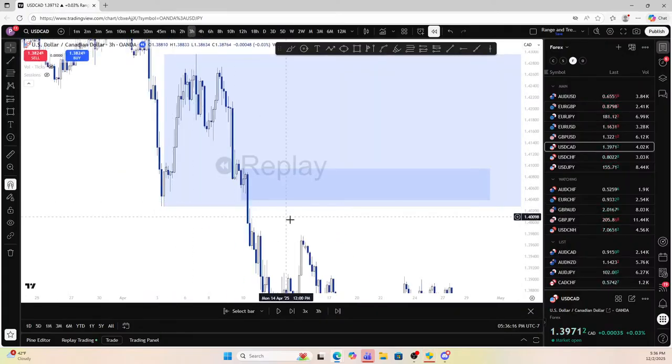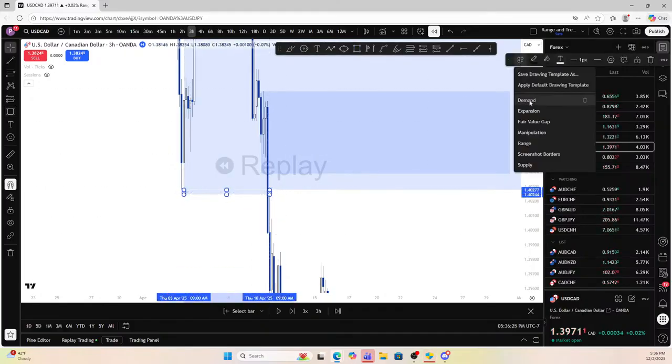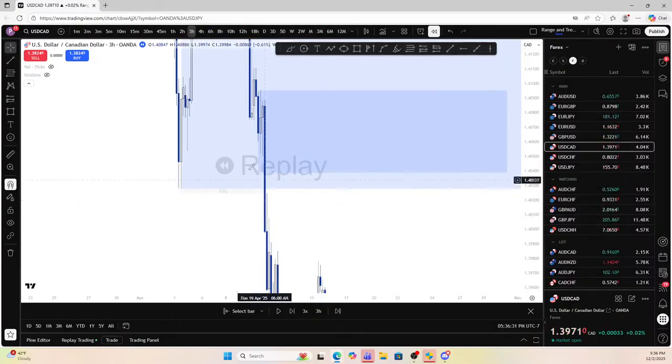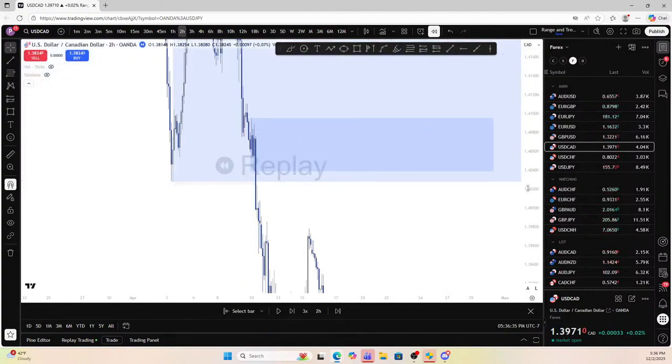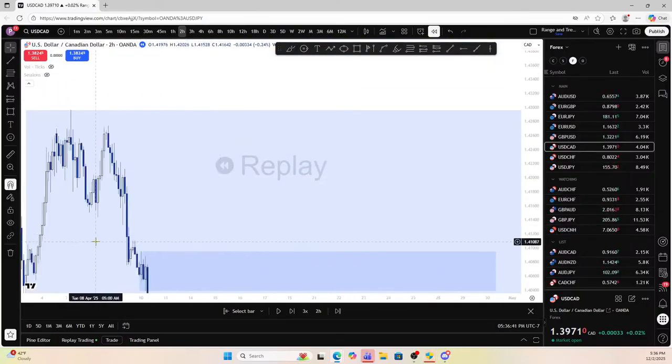3. Everything's still present with the fair value gap. See? Still there. Still present. 2 hours. And I'm even seeing some structure supply up here that could possibly be there with this order block.